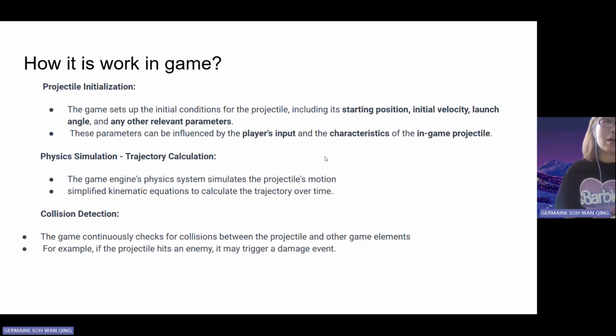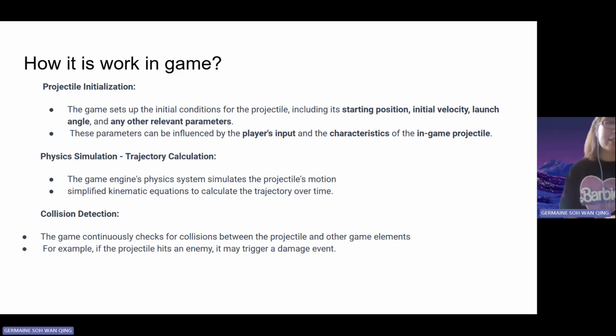Next will be how it works in the game. In projectile initialization, the game sets out the initial conditions for the projectile, including its starting position, initial velocity, launch angle, and any other relevant parameters. These parameters can be influenced by the player's input and the characteristics of the in-game projectile.